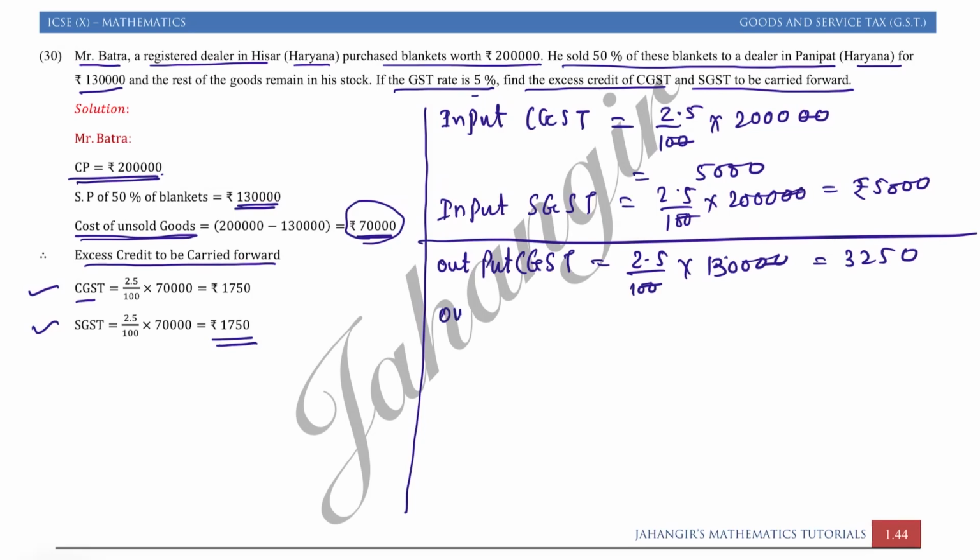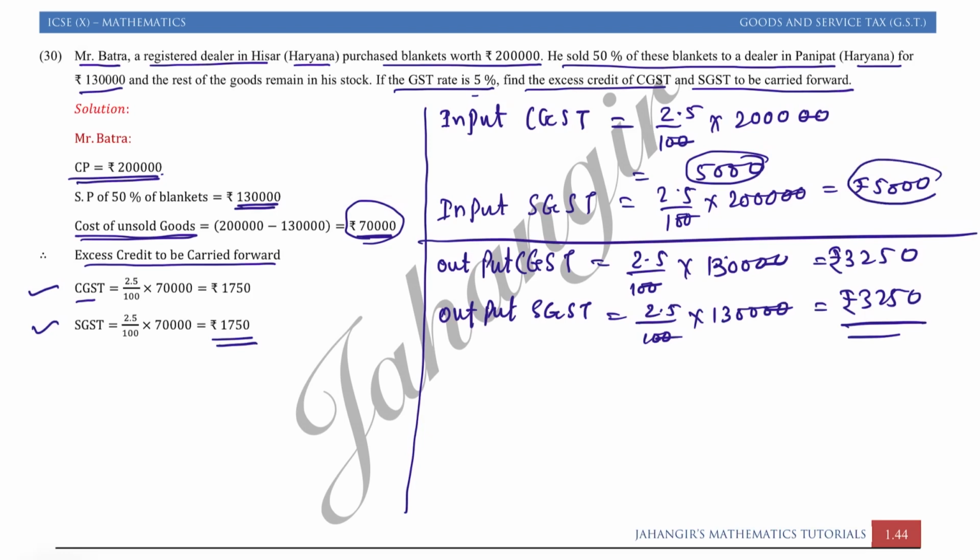Same output SGST, again 2.5% of 1,30,000. Again you will get the same 3250. So while buying we had paid 5,000 CGST, 5,000 SGST. While selling he had recovered 3250.